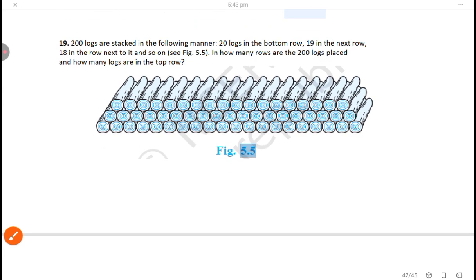19th question. 200 logs are stacked in the following manner: 20 logs in the bottom row, 19 logs in the next row, 18 in the next, and so on. How many rows are the 200 logs placed in and how many logs are in the top row?